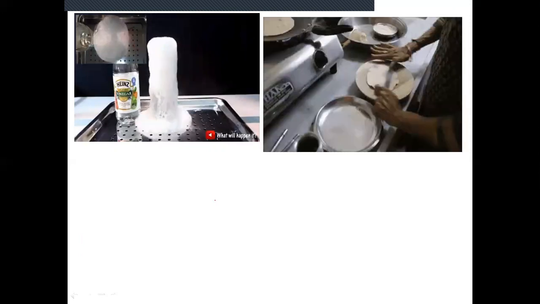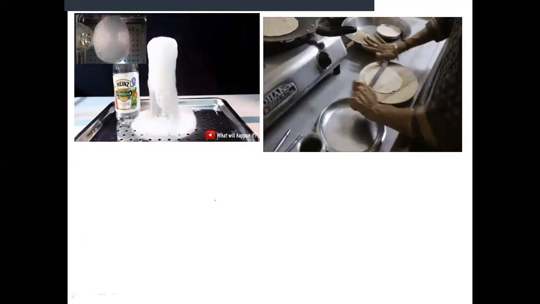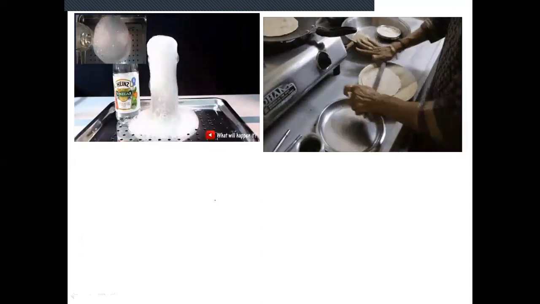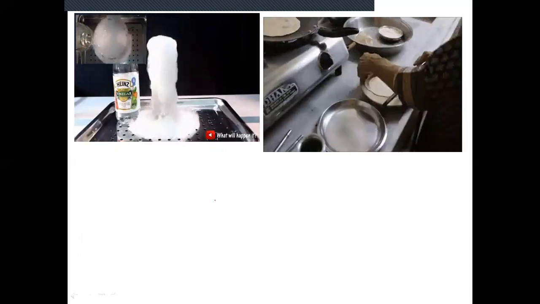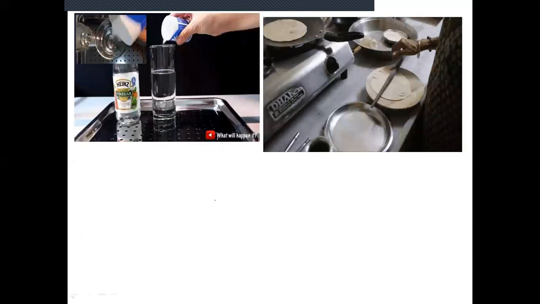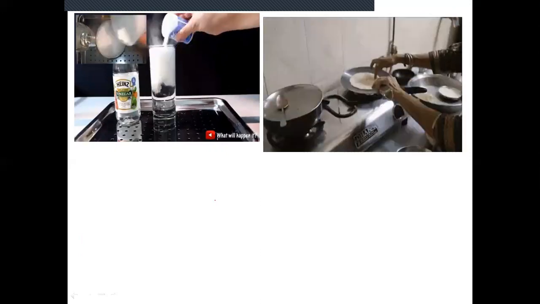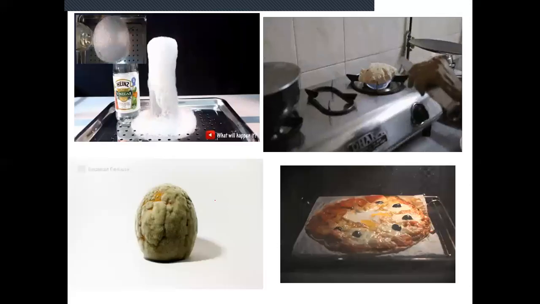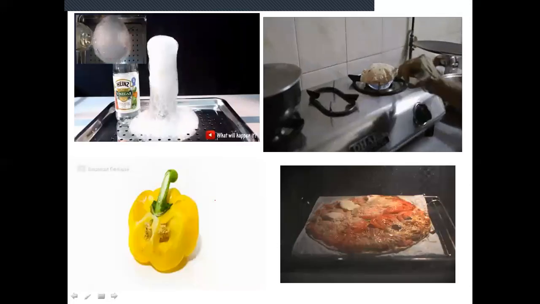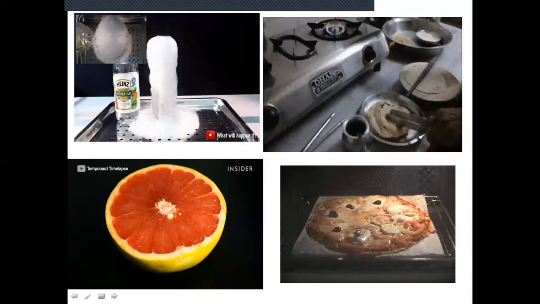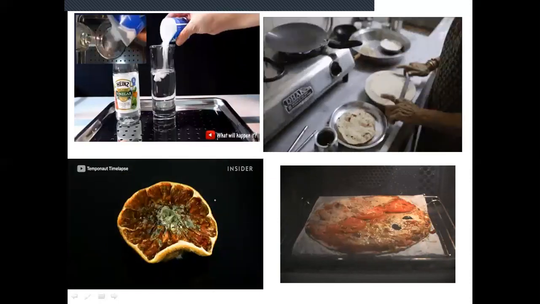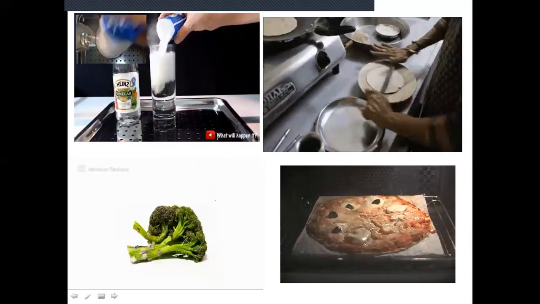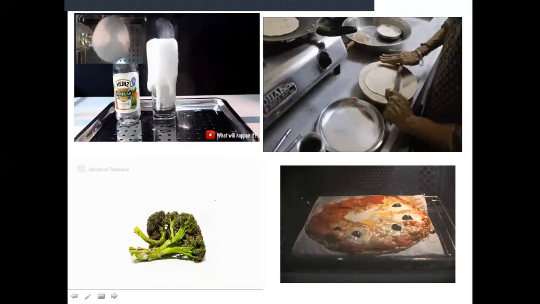And when we cook that chapati, it increases in size because of the production of gas inside the chapati. Rotting of fruit and vegetables is also an example of chemical change. And cooking or baking of food is also an example of chemical change.